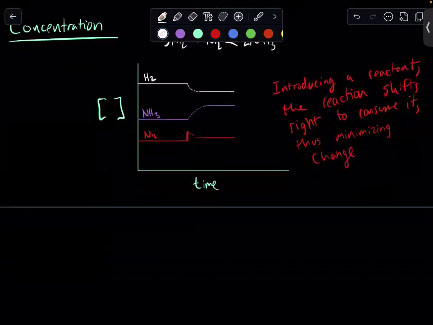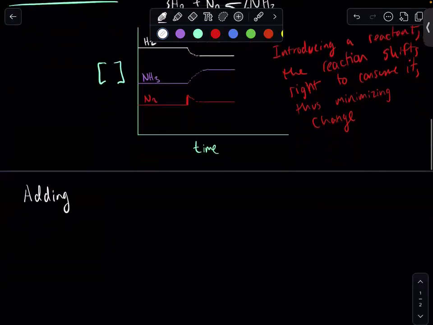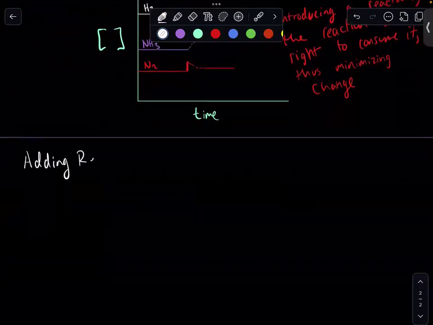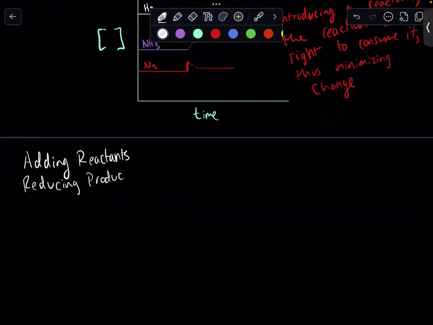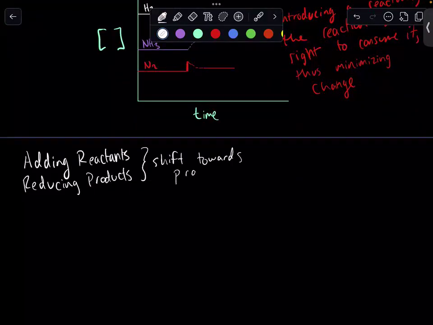We can simplify this by saying both adding reactants as well as reducing products will create a shift towards products, which is, of course, a shift right.